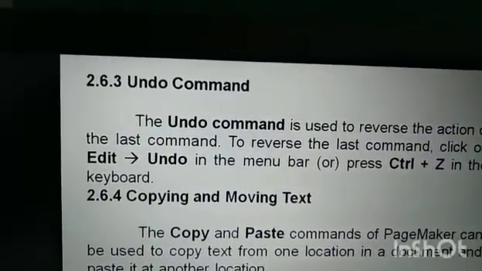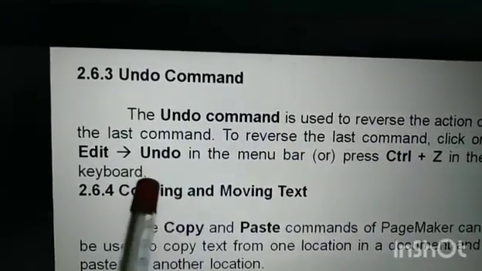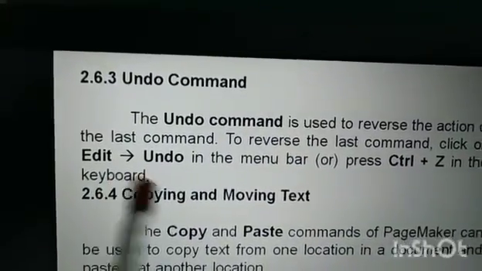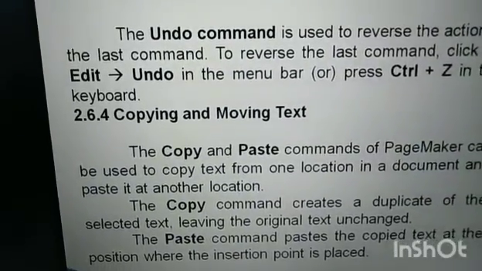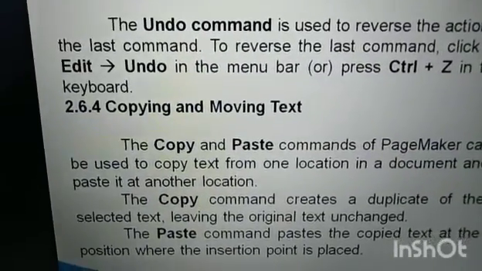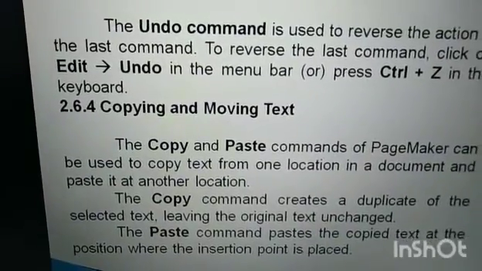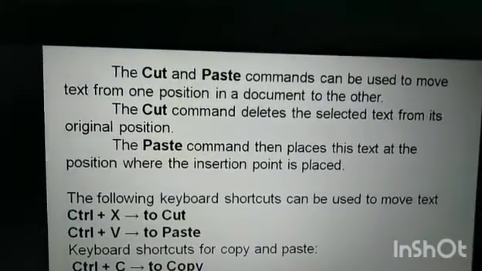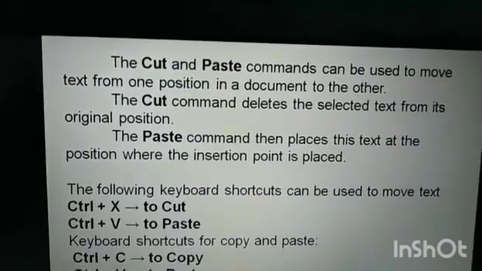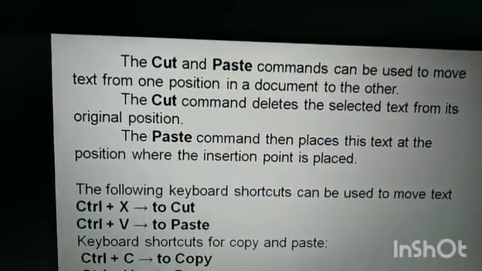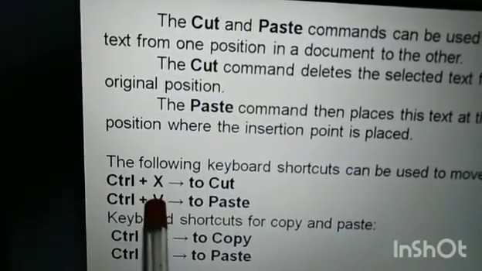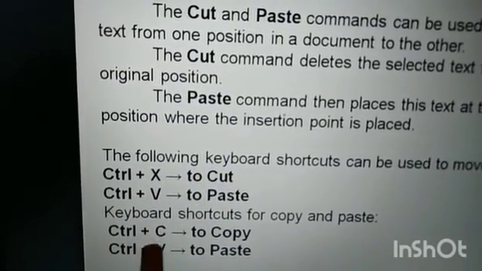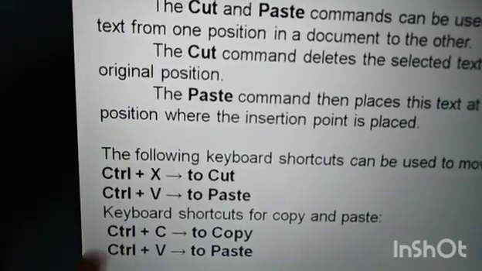The Undo command is in the Edit menu, and the shortcut key for undo is Ctrl plus Z. Copy means making a duplicate. Cut means once you cut the selected text, it is deleted from the original position. The shortcut for cut is Ctrl plus X, copy is Ctrl plus C and paste is Ctrl plus V.